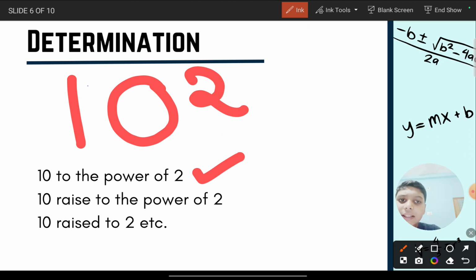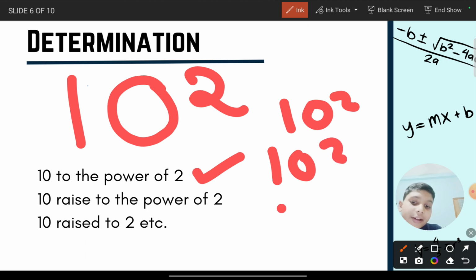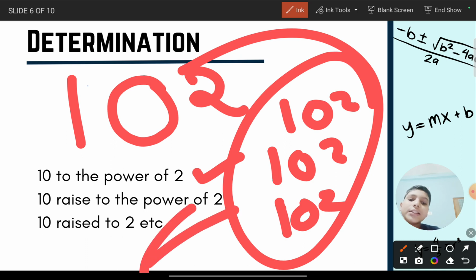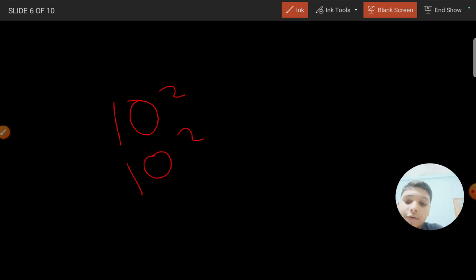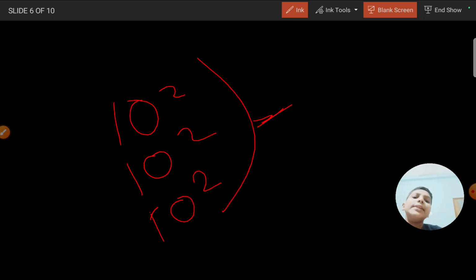But some people say 10 raised to the power of 2, or 10 raised to 2. All these are just examples of how we say it. Sometimes we also say something like this, and sometimes we say 2 to the power of 10.